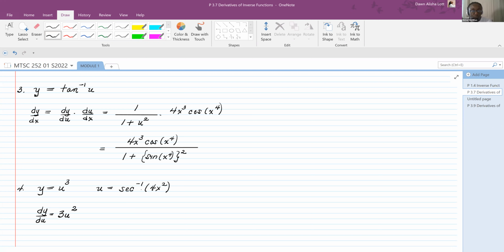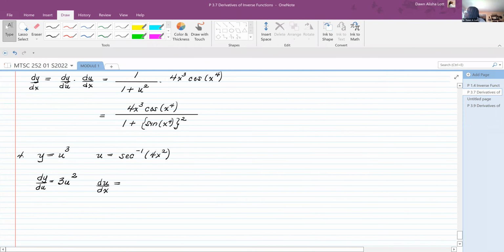For inverse secant, it's 1 over the absolute value of x times the square root of x squared minus 1. Okay, and actually the secant is not negative, the cosecant is. Remember, cosecant is negative. Okay.